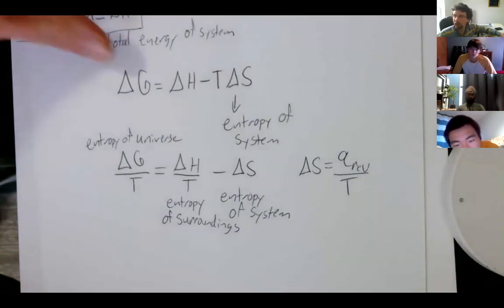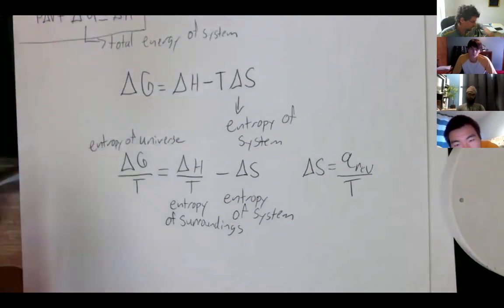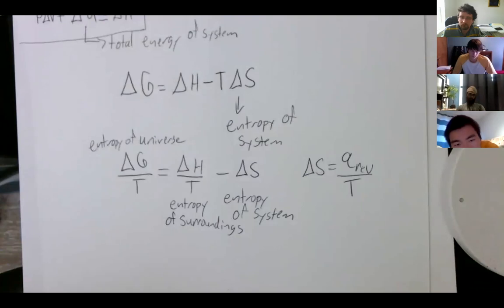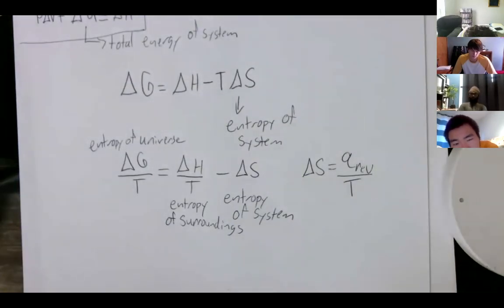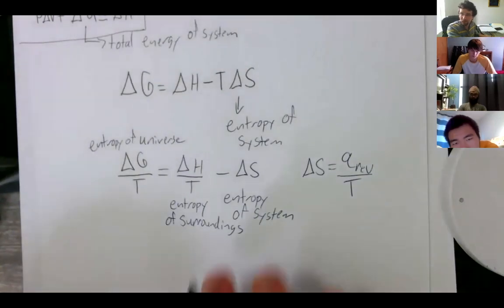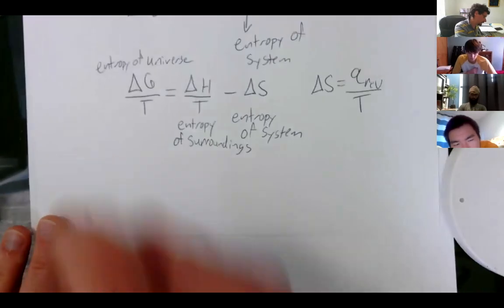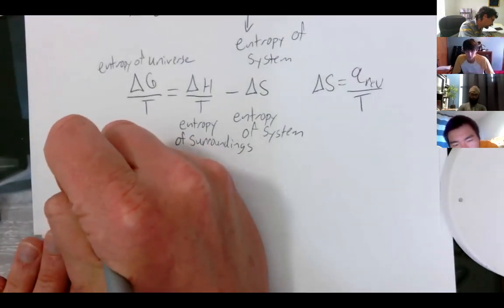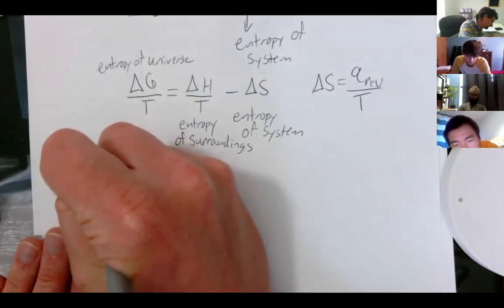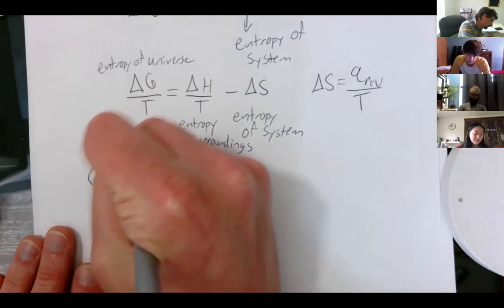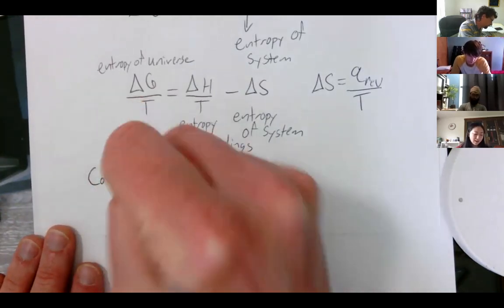Okay, so we're applying this information to try and understand a chemical system, right? What chemical system are we looking at today? We're looking at an equilibrium reaction. What are we looking at the equilibrium reaction of? The cobalt chloride.